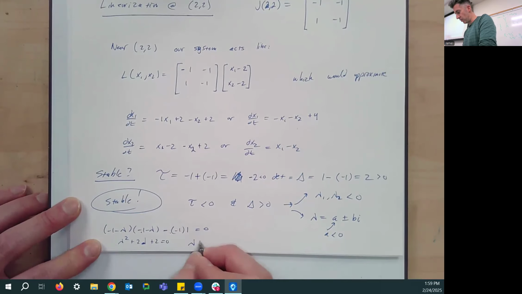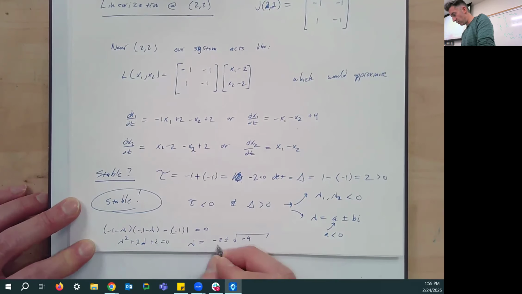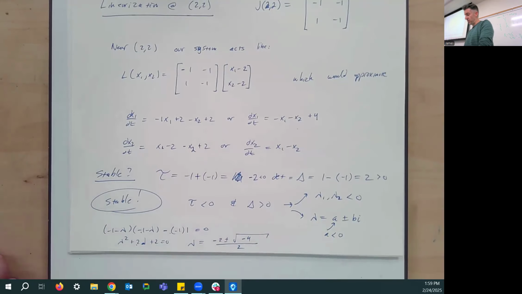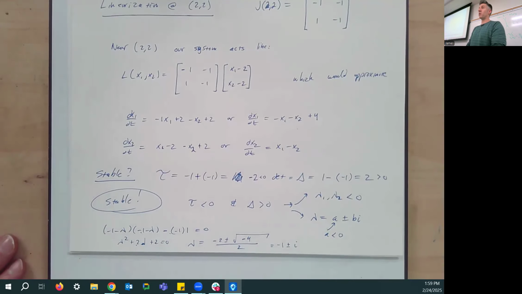And then you get lambda equal to negative 2 plus or minus the square root of 2 squared minus 4 times 2, which is 4 minus 8, negative 4, all over 2. So our eigenvalues are negative 1 plus or minus i. So certainly stable spiral territory here. Again, not that we would say we have a stable spiral, because it's just looking like that locally. We would say we have stability around 2, 2.